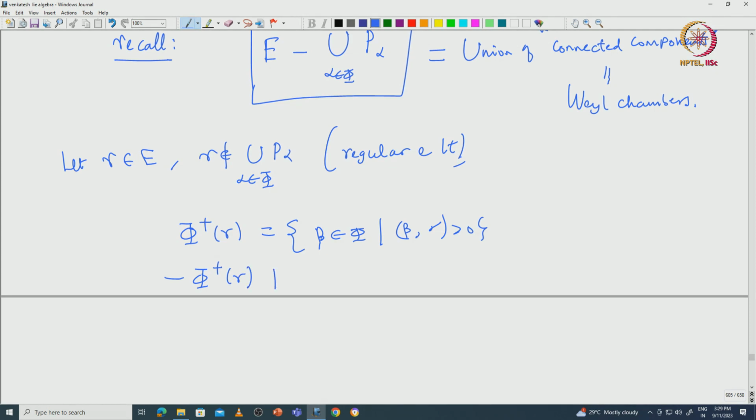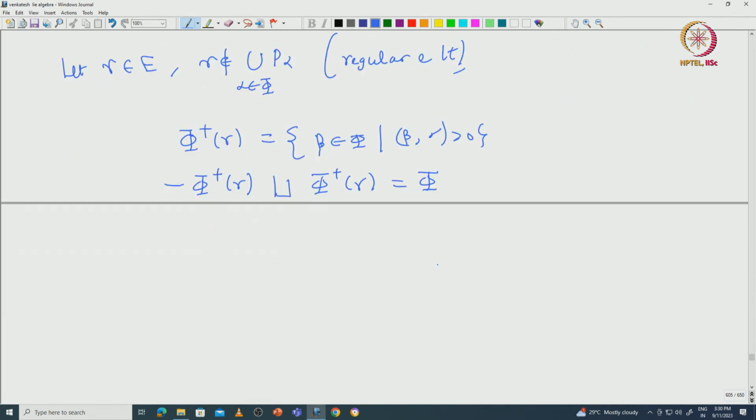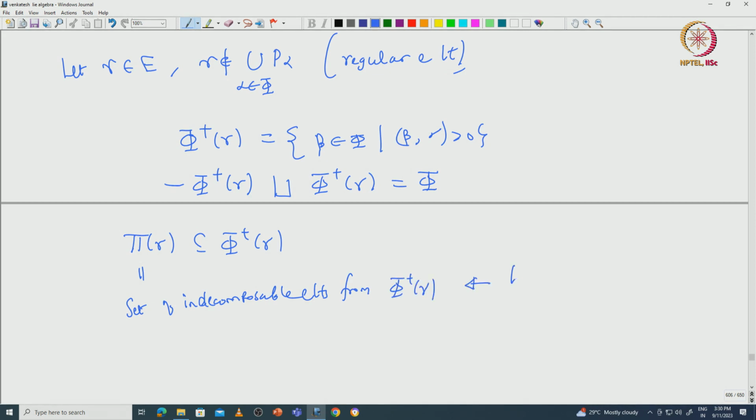So then we saw that minus phi plus of gamma and phi plus of gamma together are exactly phi, and you have pi of gamma, which is the subset of phi plus of gamma consisting of indecomposable elements from this phi plus of gamma, and we saw that this forms a base of phi. So this is what we proved so far.